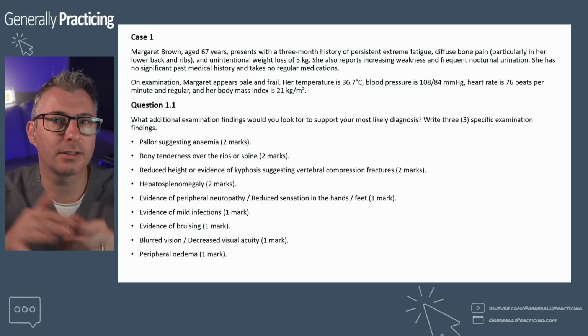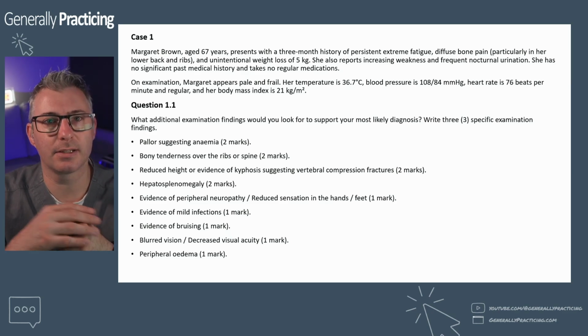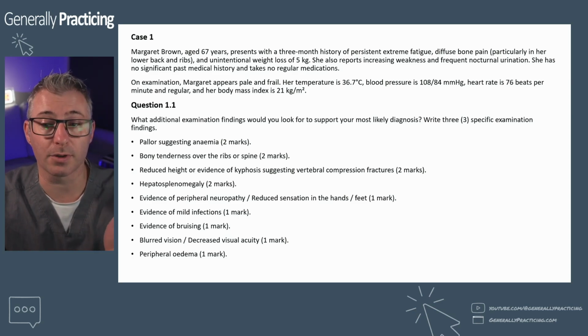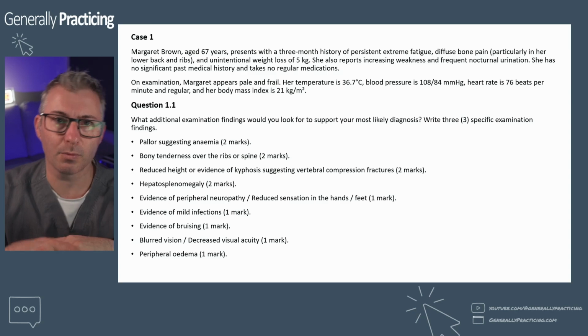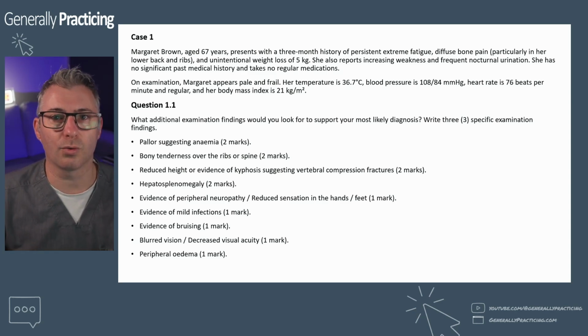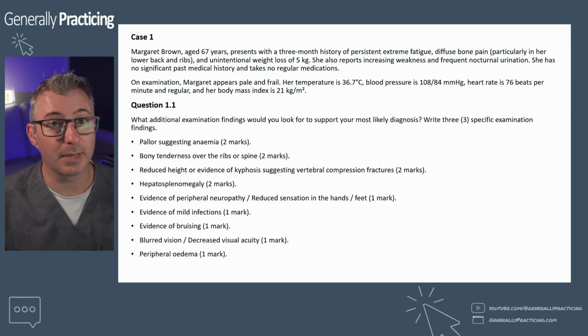As we get to the potentially less specific things, we're going from 2 marks per one of those responses through to 1 mark per one of these responses. And this would be things like evidence of peripheral neuropathy or reduced sensation in the hands or feet, something along those lines. Evidence of mild infections or chronic or recurrent infections.